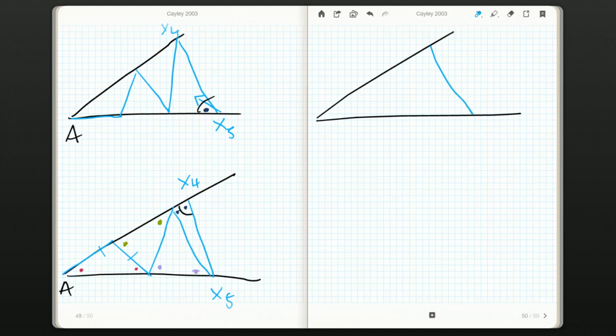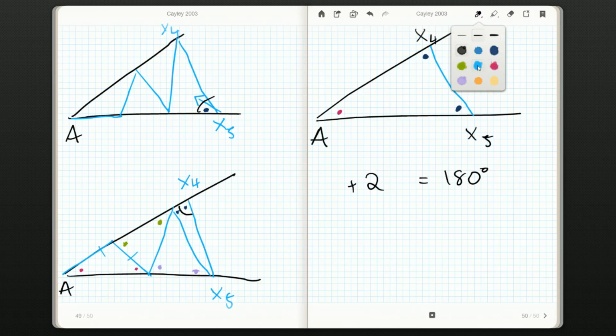I'll put this length here, and so when we combine these two and we ignore all the other lines, we've got A, x4, x5. But we've also got the red dot here, and red dot plus the two blue dots has got to be equal to 180 degrees because we've got a triangle here. So we'll just put that in here.